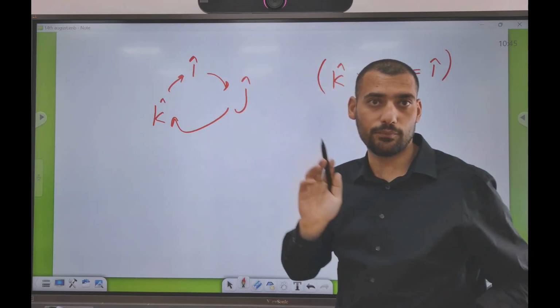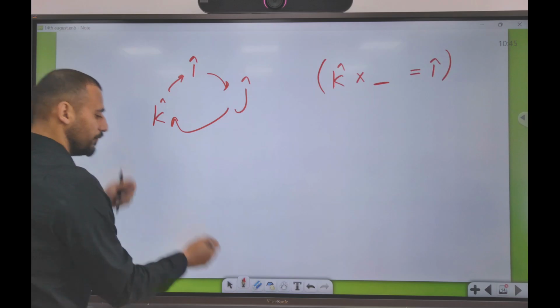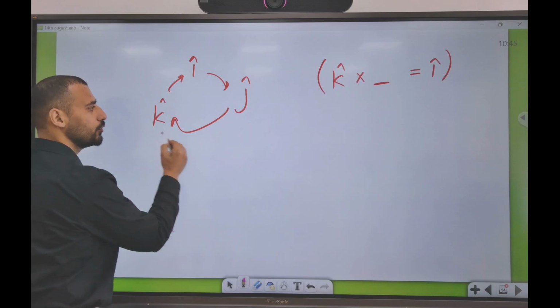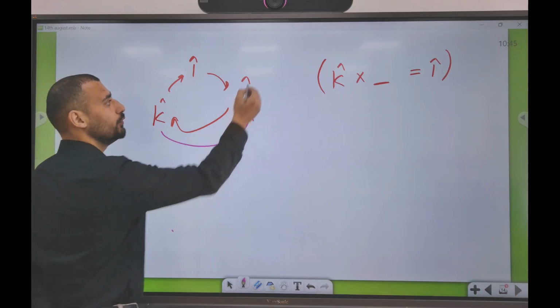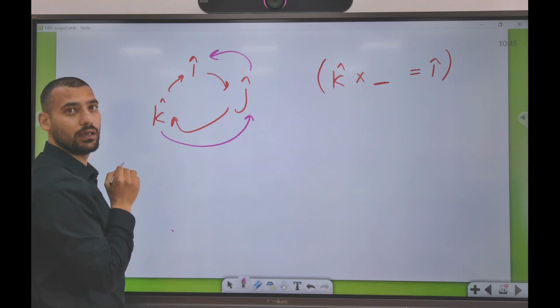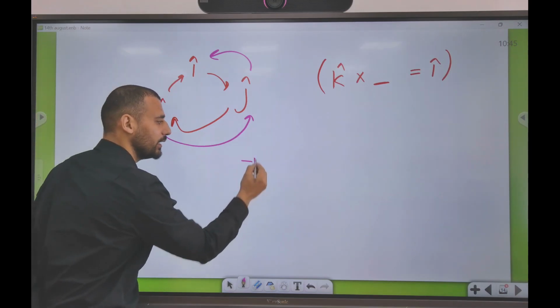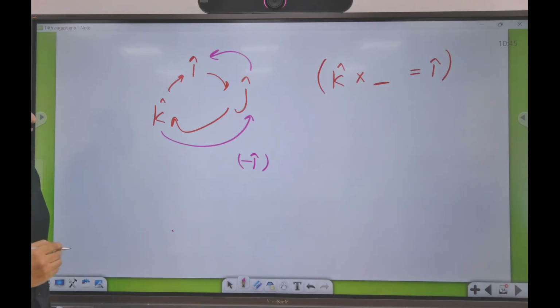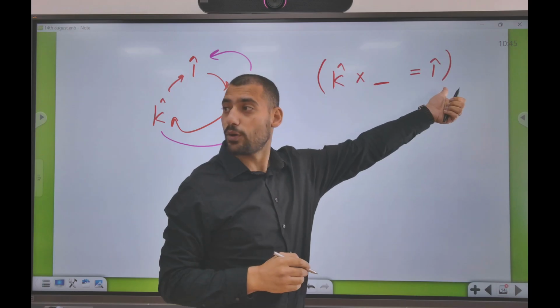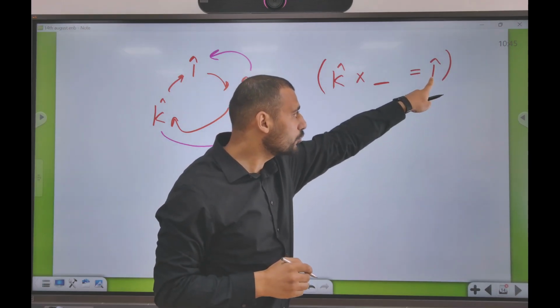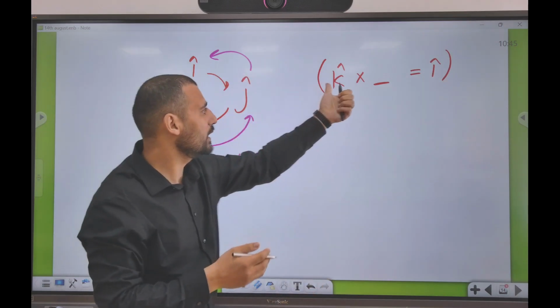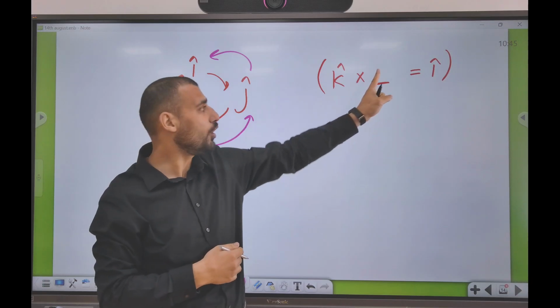Very important. When you start from k and go towards j, you will get negative i, correct? But we have to have positive i. In order to have a positive product, either k should be negative or this should be negative.